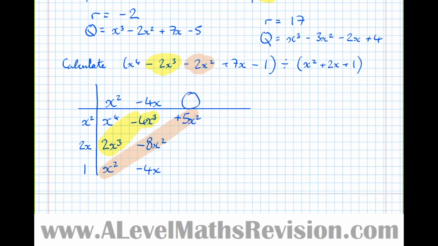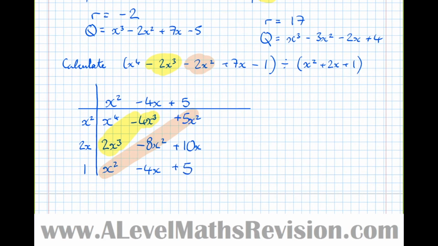So let's put something here to make that 5x squared work. Positive 5. Let's finish the grid. Plus 10x, plus 5.